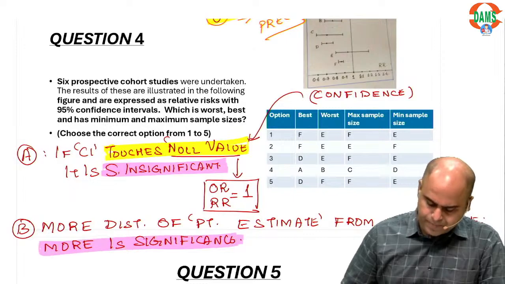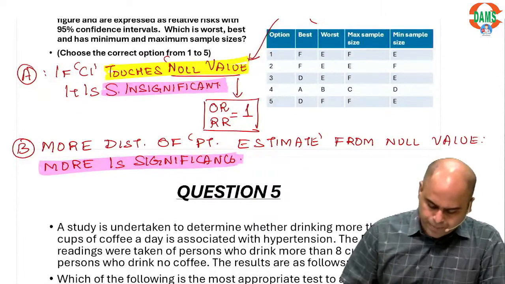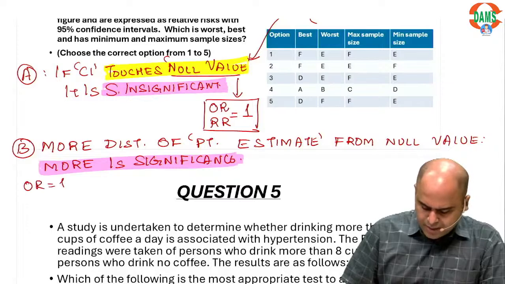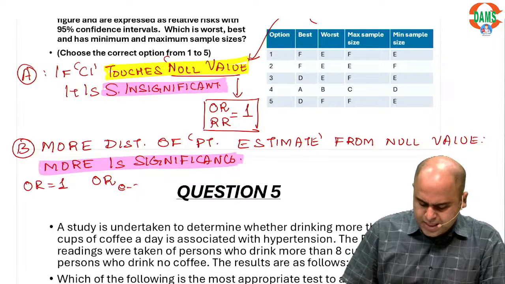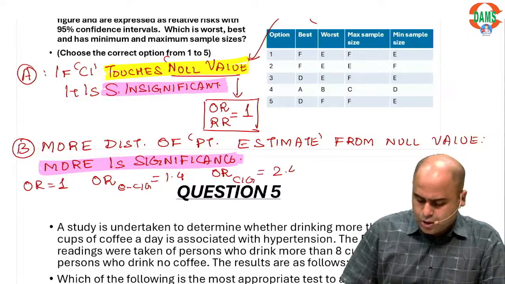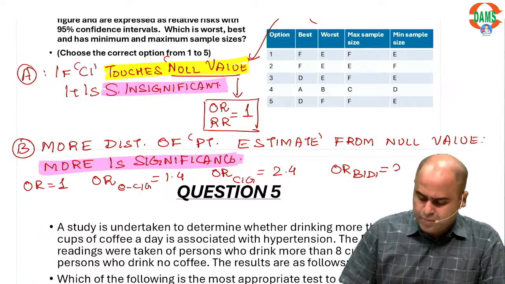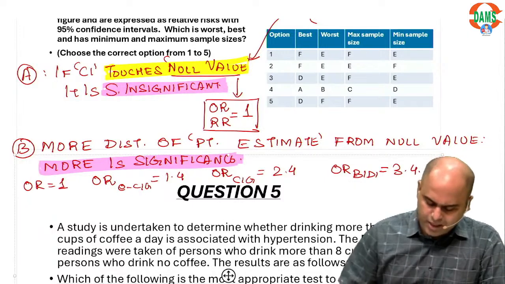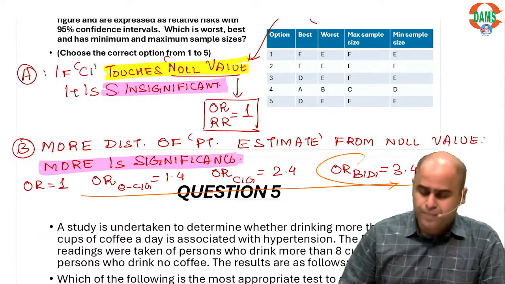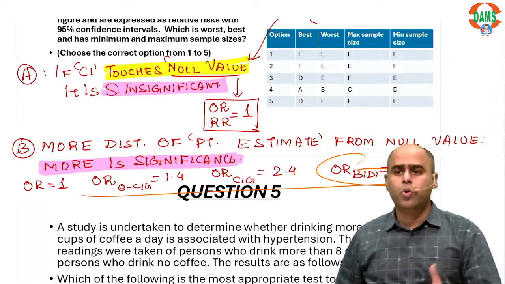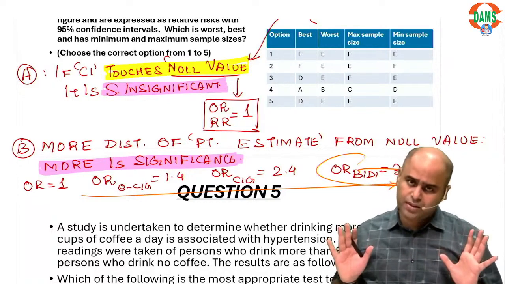Yes guys. Now, if my null odds ratio is 1, the odds ratio of e-cigarette is 1.4, the odds ratio of normal cigarette is 2.4, the odds ratio of BD is 3.4. So you can understand my BD smoking will be more dangerous. I hope I'm clear with this.